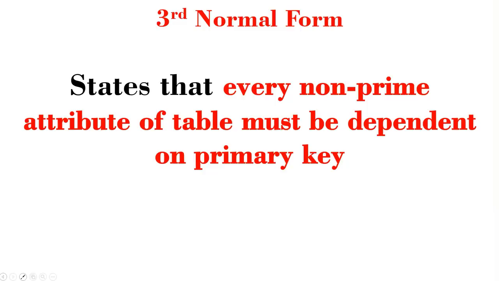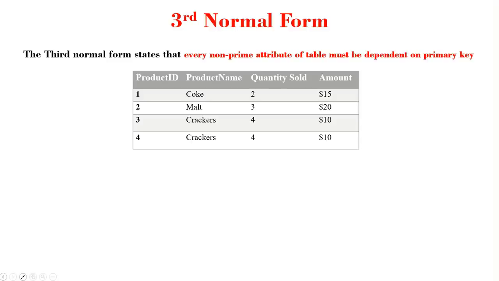For the third normal form, the table has to satisfy the second normal form, and also every non-prime attribute of the table must be dependent on the primary key. To explain this, I'm going to use the product table that we created under our second normal form. This is our product table that we generated under the second normal form. In this table, product name, quantity sold, and amount are the non-prime attributes.